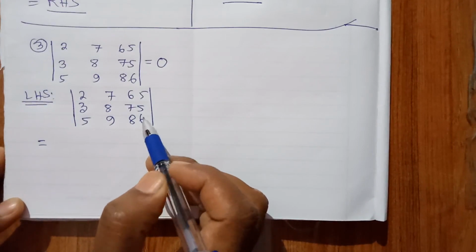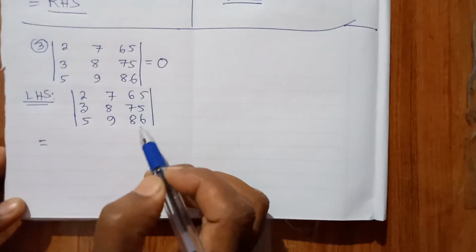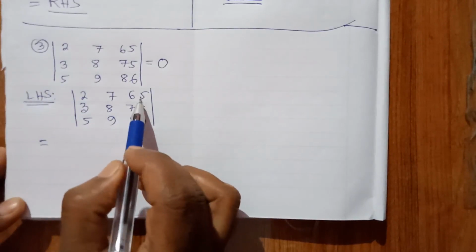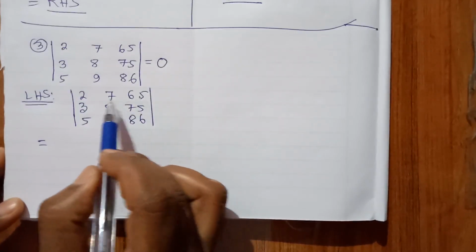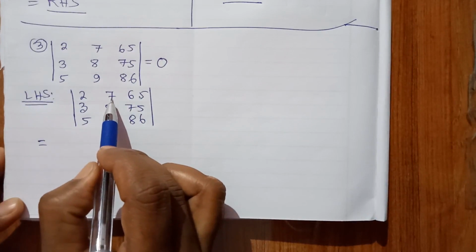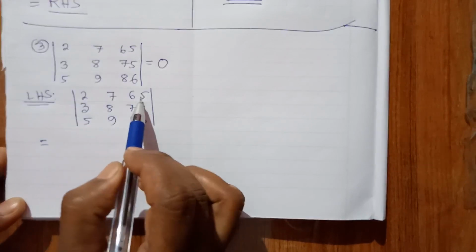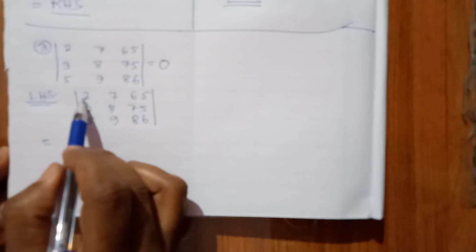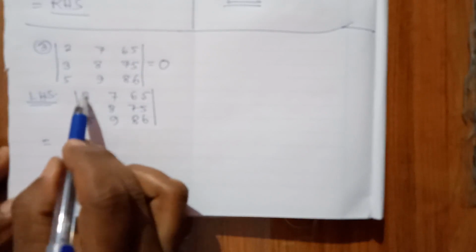So what you'll do, you have to break the elements of the third column. How will you break? First think about 65. You have to divide 65 by this 7, and after dividing, you must see that the remainder comes as 2. The smallest numbers of column 1 must be the remainders.